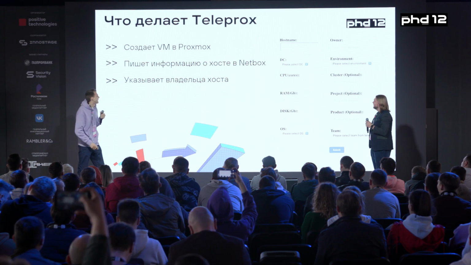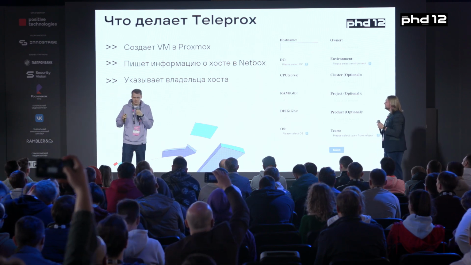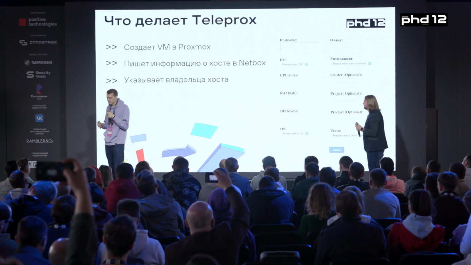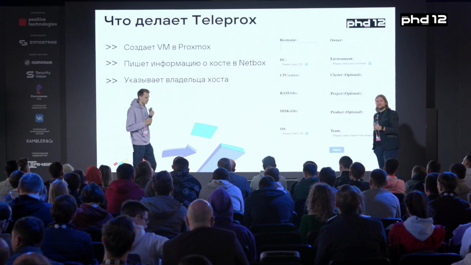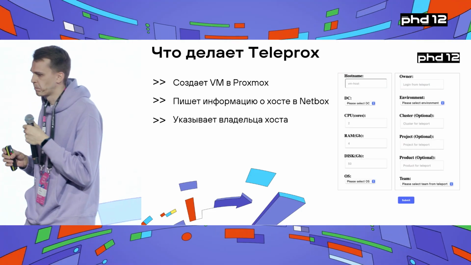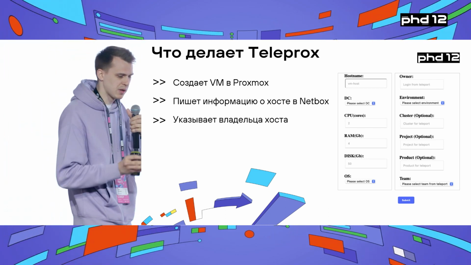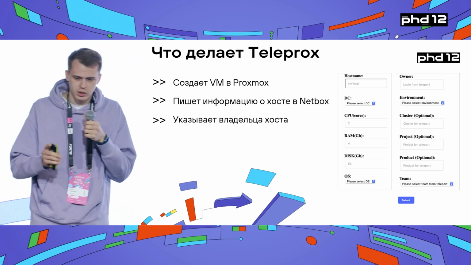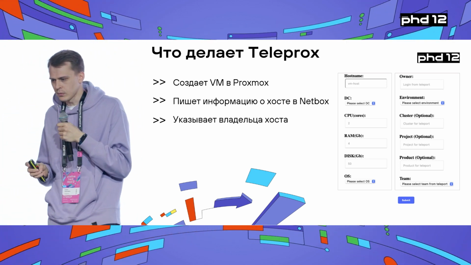Okay, I'll talk about Teleprox a little bit. We have our own Flask-run microservice. It gives us one interface to create virtual machines in all our Proxmoxes. What is it about? This is just an HTML form to solve a few problems.